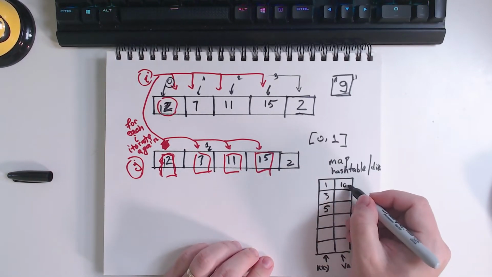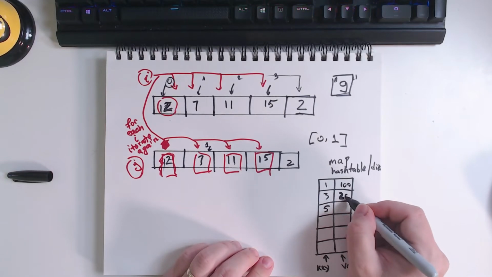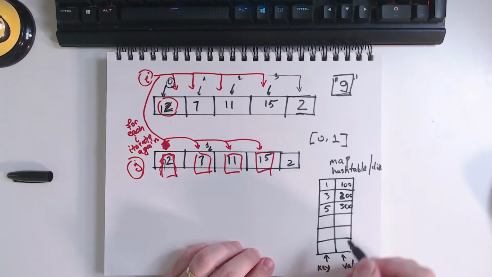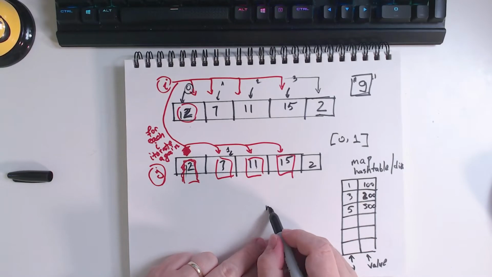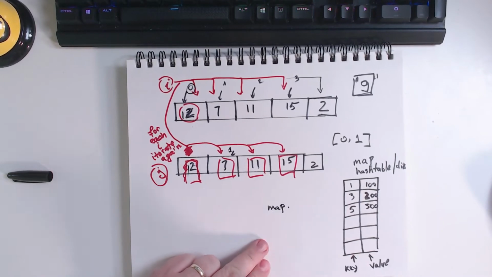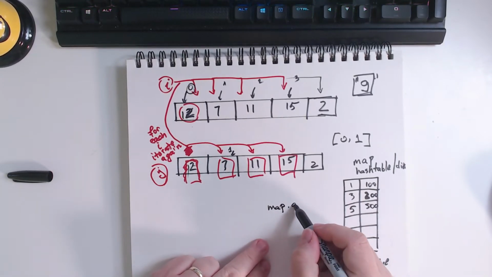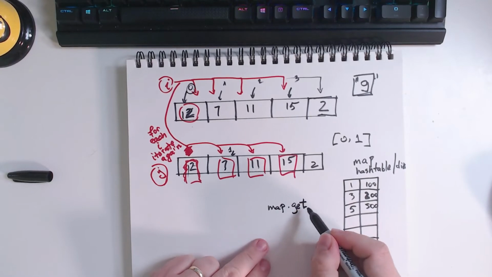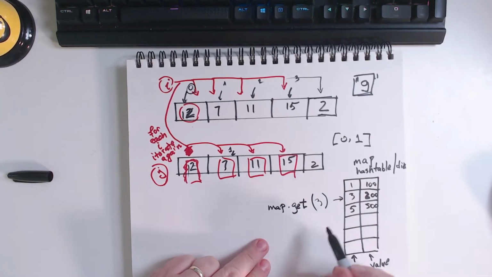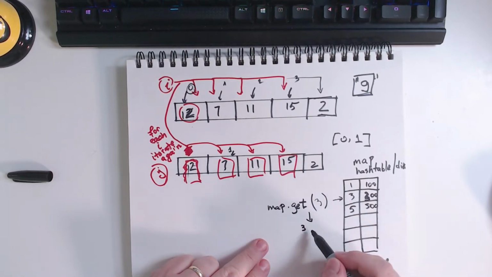Let's say there are other numbers here, 300, 500. The thing is, if we ask this dictionary, with a syntax such as get me the value from the key 3, it will respond immediately with, let's say, 300.